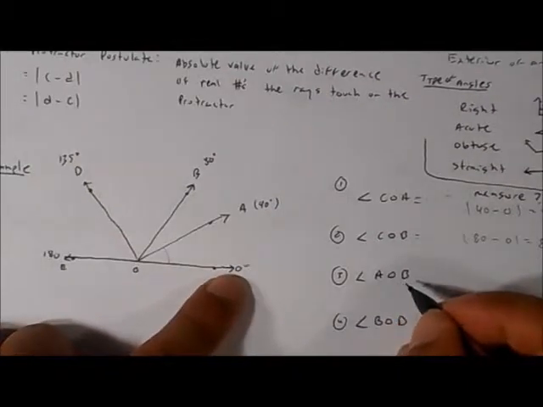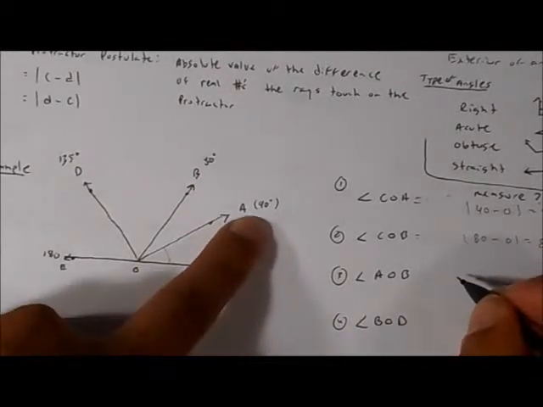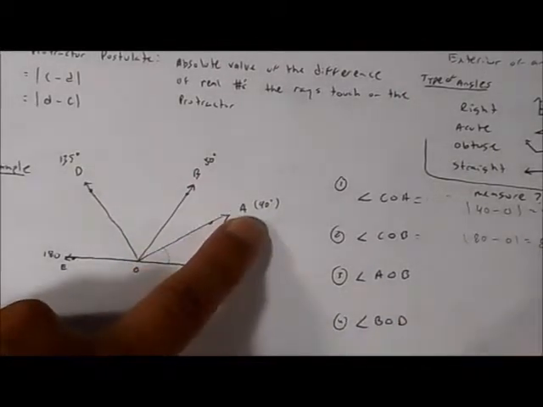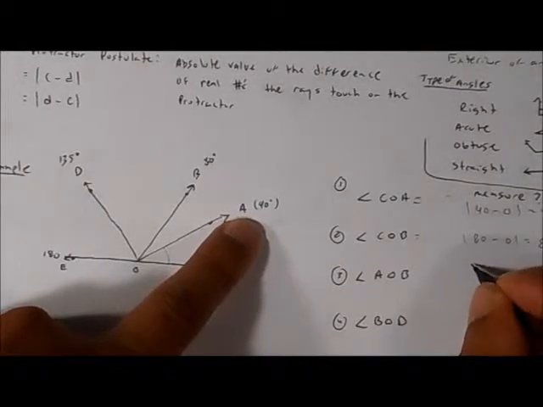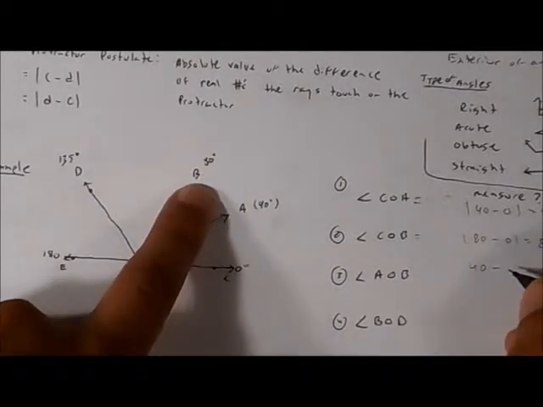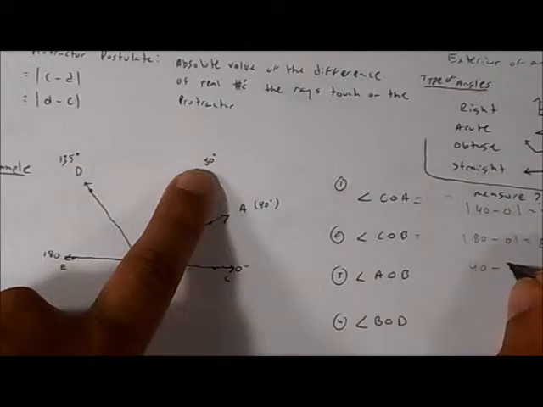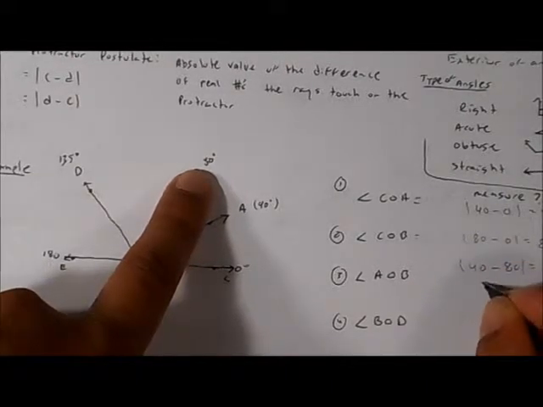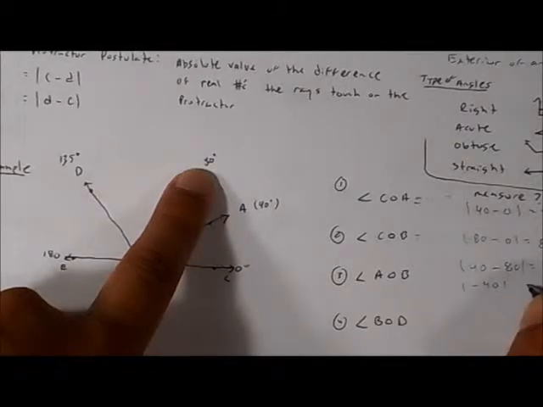Now about AOB. A will be at 40 minus B at 80. The absolute value of 40 minus 80, which is negative 40.